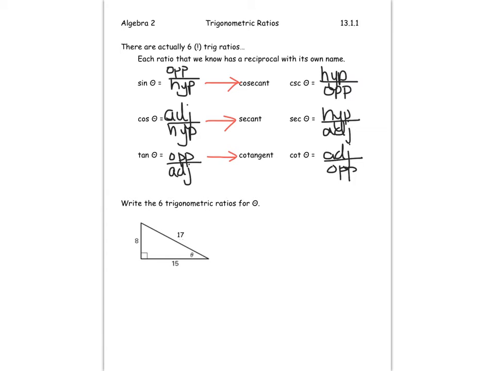Just flip it over. This may seem like a lot to remember, but most of you probably remember the memory trick from geometry of sine is opposite over hypotenuse, or SOH. Cosine is adjacent over hypotenuse, or CAH. And tangent is opposite over adjacent, or TOA.